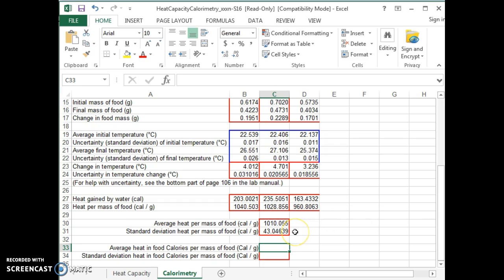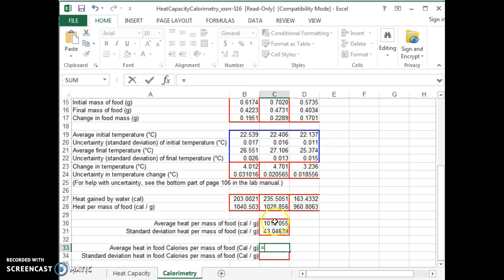And so we're just going to convert the calories little c per gram to calories big C per gram, and the conversion factor is 1,000. So basically you're just going to take these numbers here and divide by 1,000. And because we have the average right here, we're just going to be taking the average.